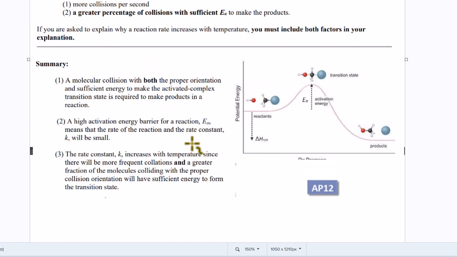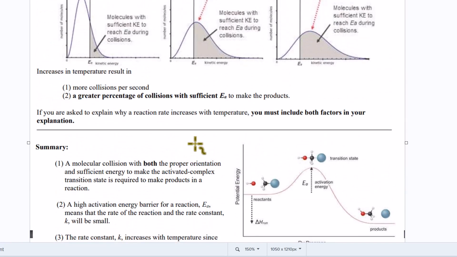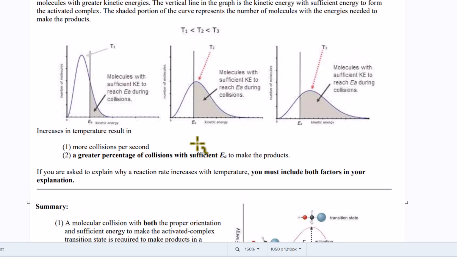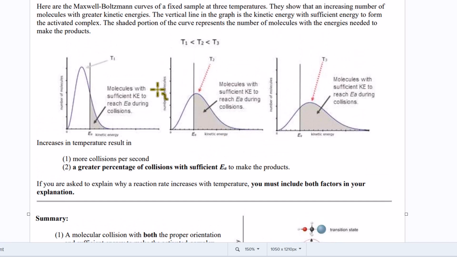And this is where we get to the Maxwell Boltzmann curve, which tells you about molecules at a specific temperature. So notice I've got a temperature here, a temperature 1, a temperature 2, and temperature 3. Now look at these curves here. These curves are sort of a scattergram. They tell you how many molecules have sufficient energy at this temperature. In other words, we've got a lot of molecules with this kinetic energy.